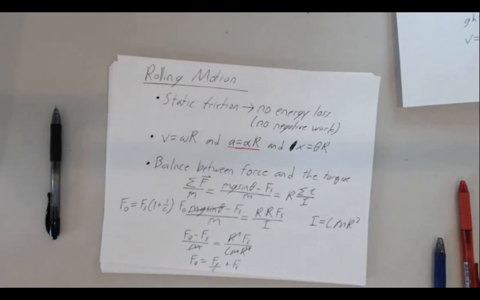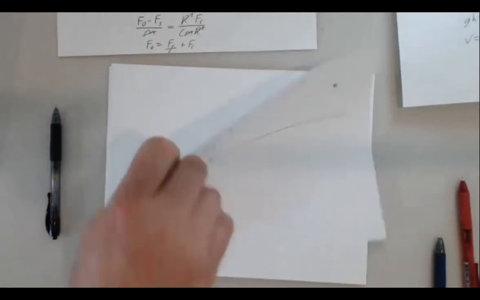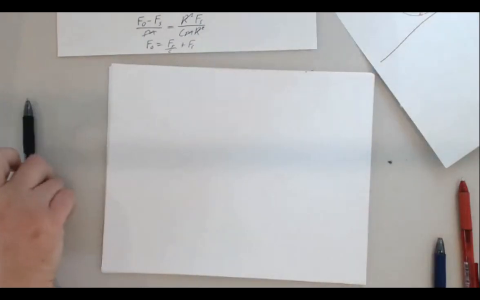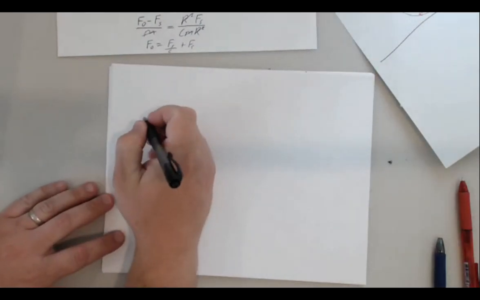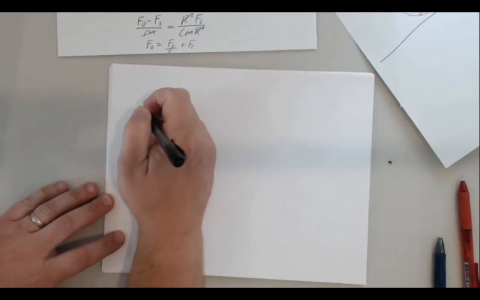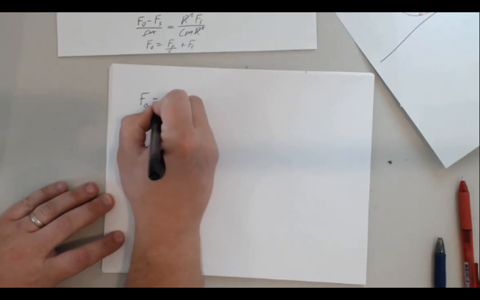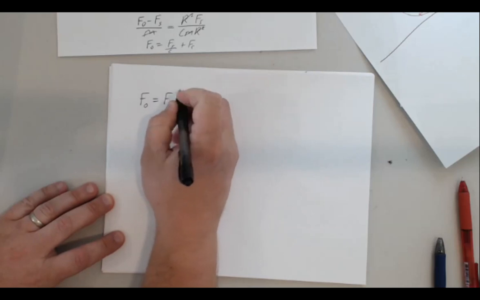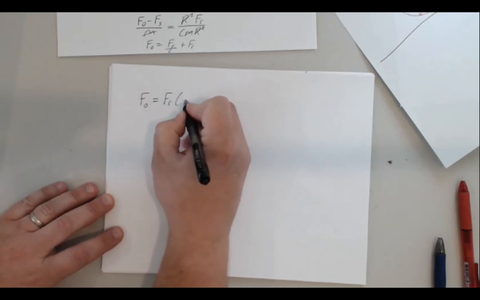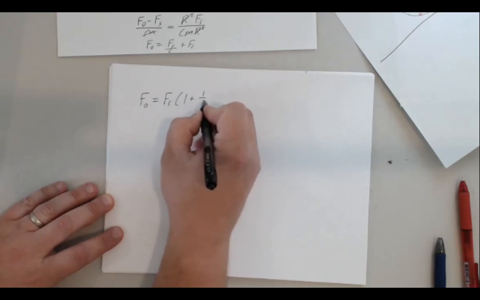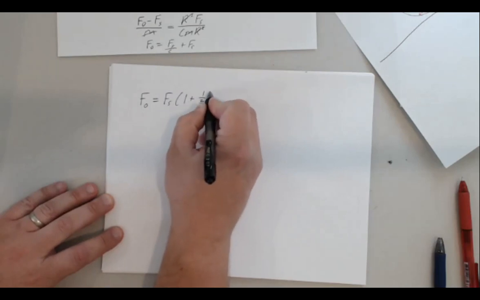So that means if I come over here and I think about my rolling object, my ball rolling down the hill, that means that the force going downhill has to equal the force of friction, the static friction, times 1 plus 1 over 2/3.